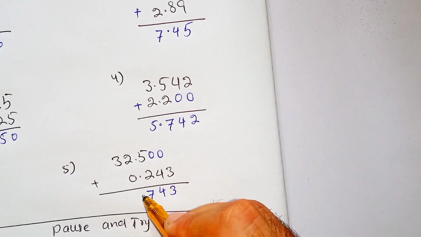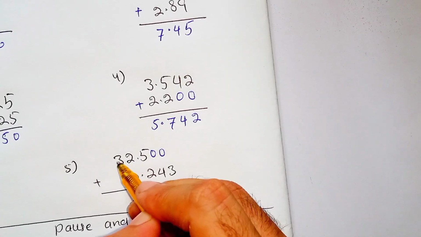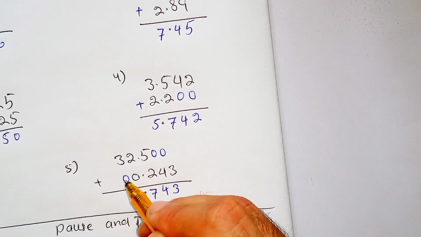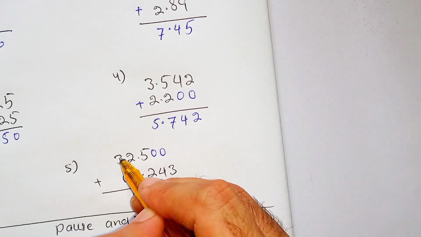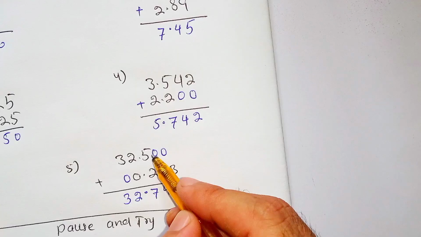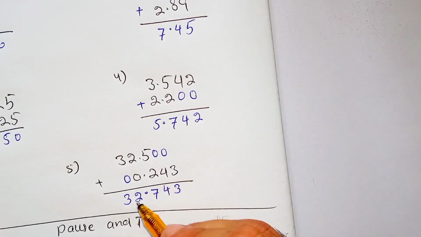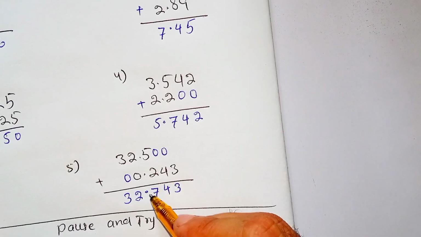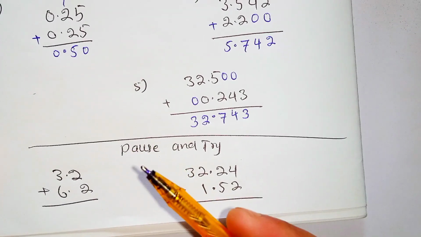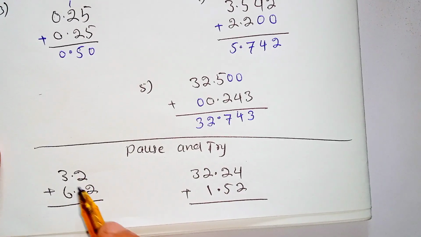So here are the decimal points, so write the decimal point, and 2 plus 0 is 2, and we will write 3 as, again we will write 0 here, and we will add 3 plus 0 is 3, right? So 2.5 plus 0.243 is equal to 32.743.